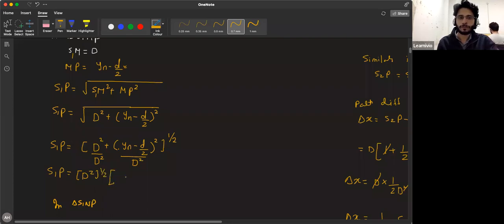So here it's 1, otherwise it will be mathematically wrong. So that's 1 plus (Yn minus d by 2) whole square divided by D square, and this whole to the power half.